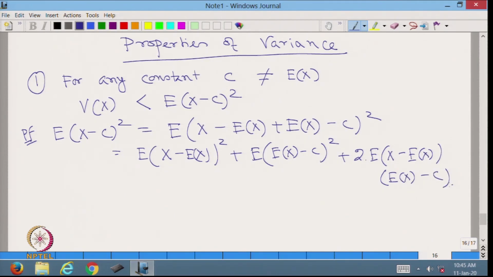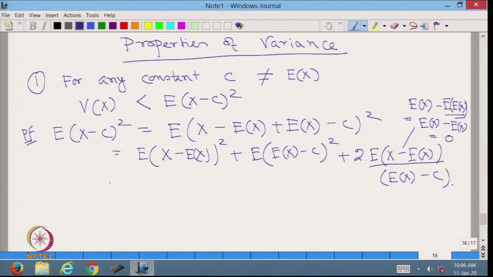Since this is a constant and expected value of x minus expected value of x is going to be 0, because it is a constant, therefore expected value of x minus expected value of x is equal to 0.